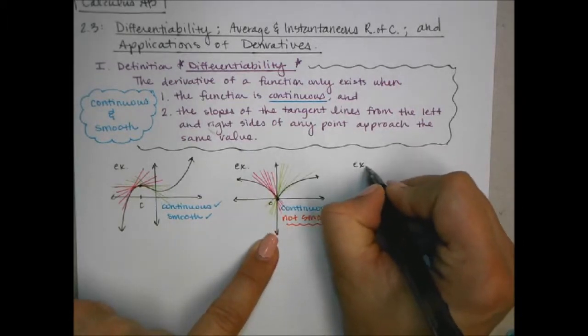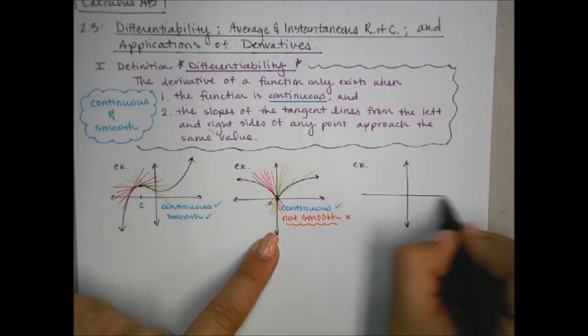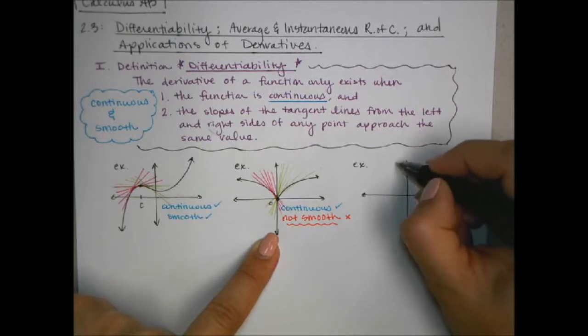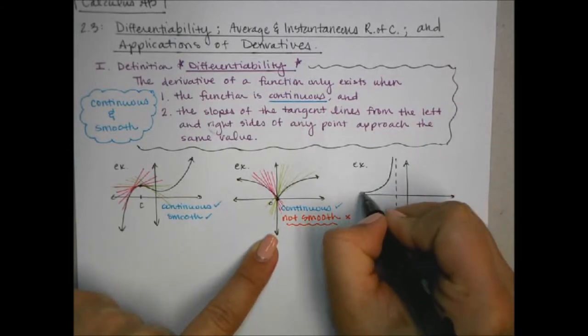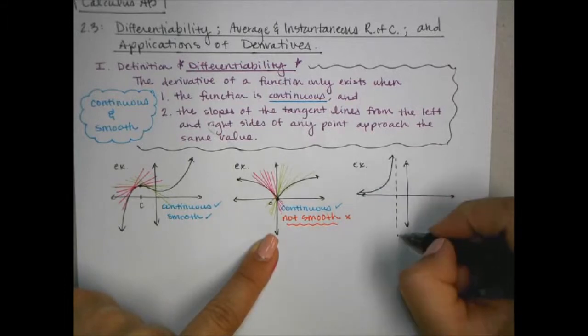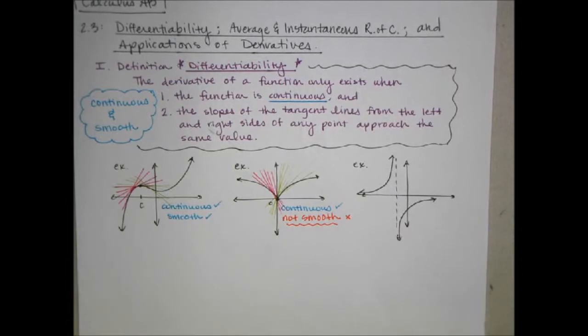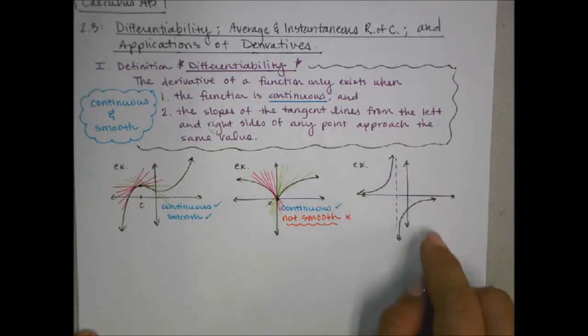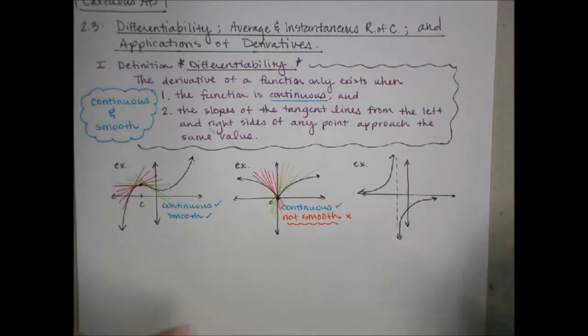Our last example, let's say we have a rational function. And although it is smooth everywhere, nice, smooth turns, no sharp points, it's not continuous, of course.